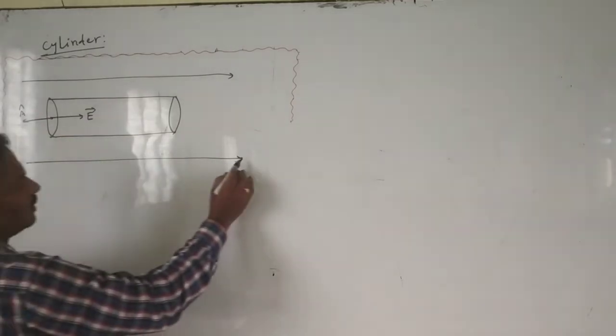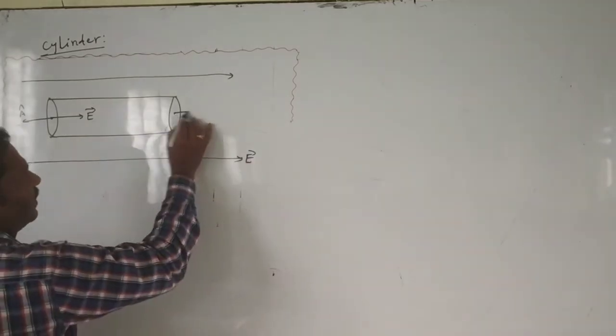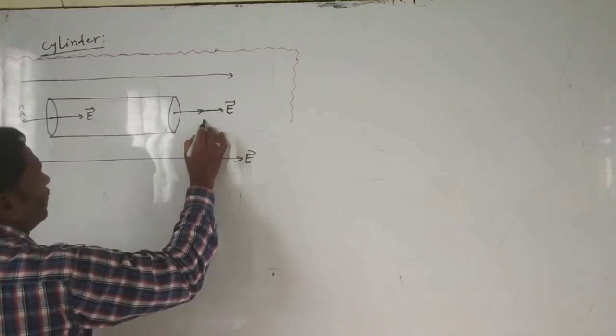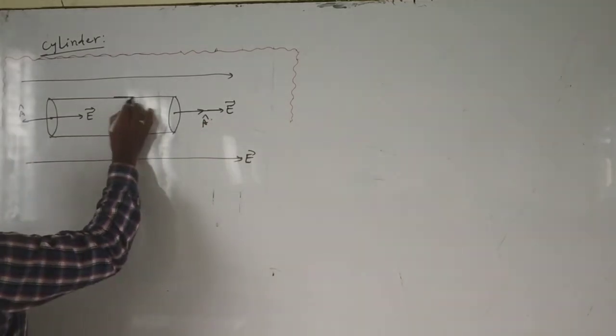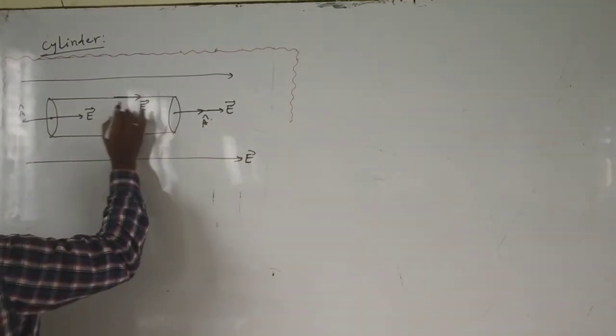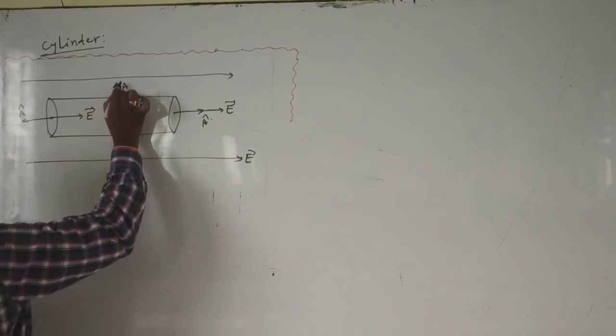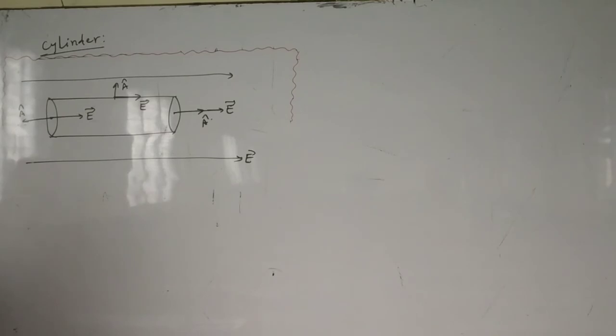On one end the area vector is opposite to the field, on the curved side it is perpendicular, and on the other end the field and area vector are in the same direction. What is the flux passing through the cylinder?